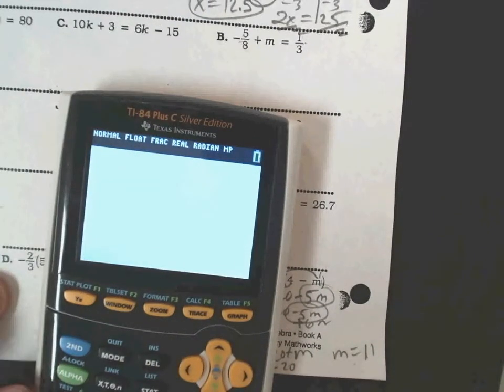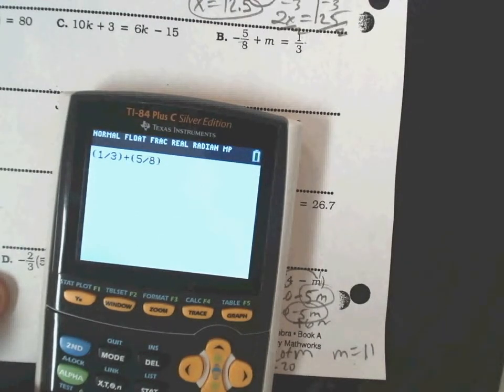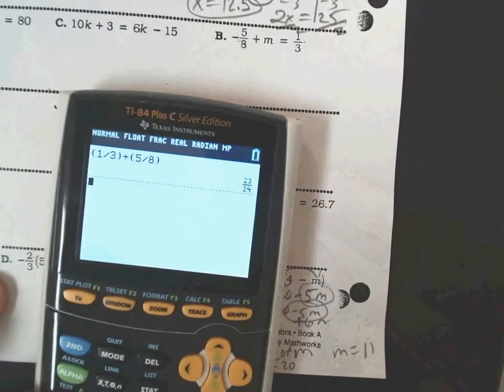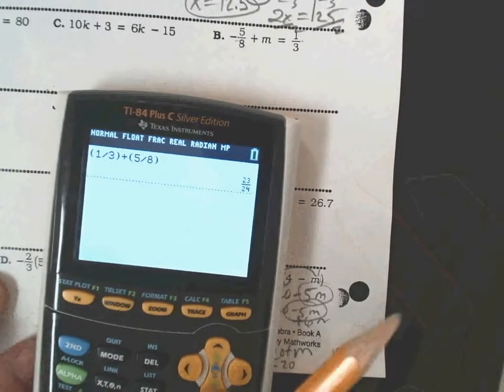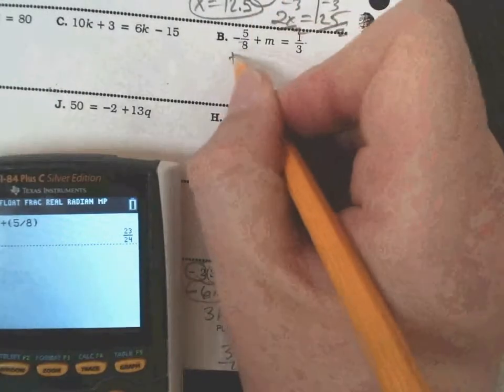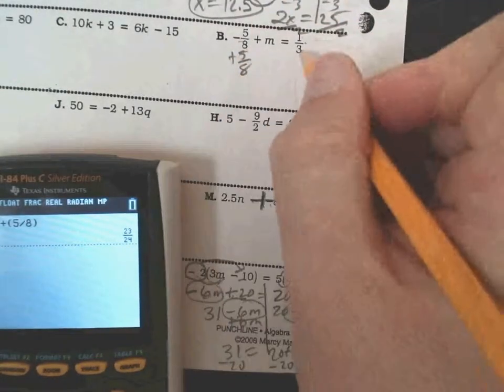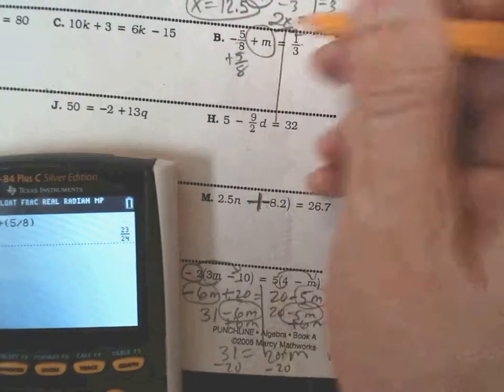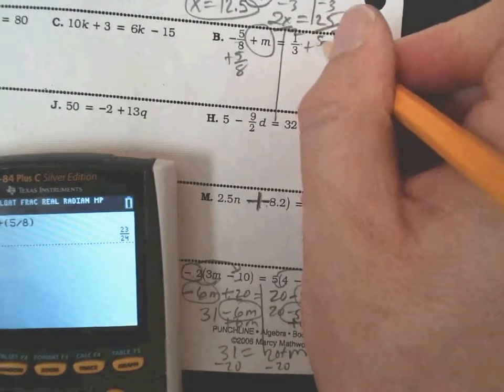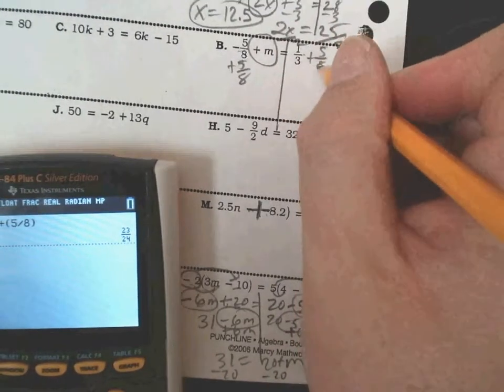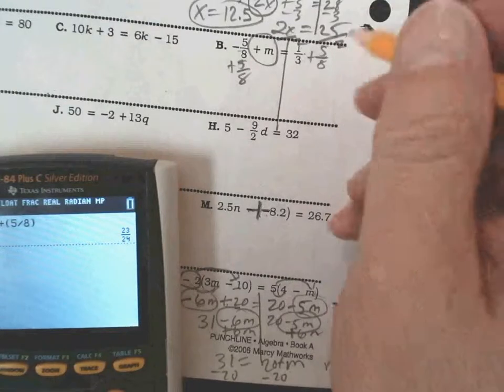Remember when you're doing this to always put the fractions in parentheses. So when you add it, it will give you the fraction form of it. So just be careful when you do it. So I have to add 5/8 to each side.